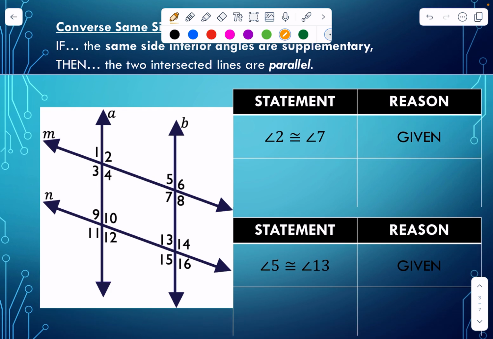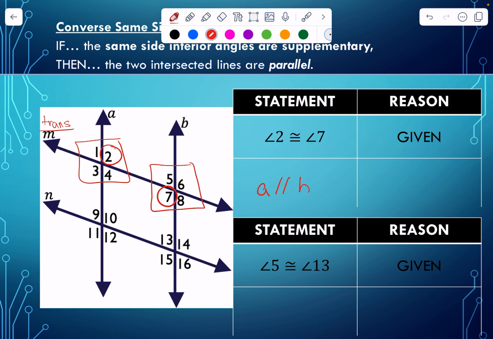If we look at this, we have angle 2 and angle 7. Angle 2 is part of this intersection. Angle 7 is part of that intersection. The line that is cutting through both of them is M, so M would be the transversal of my two parallel lines, A and B. Now, how do I know that those are congruent?